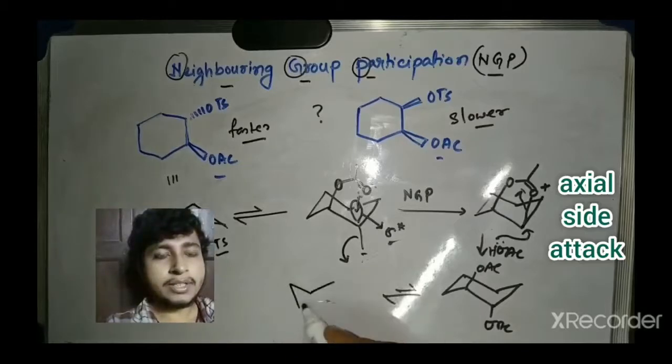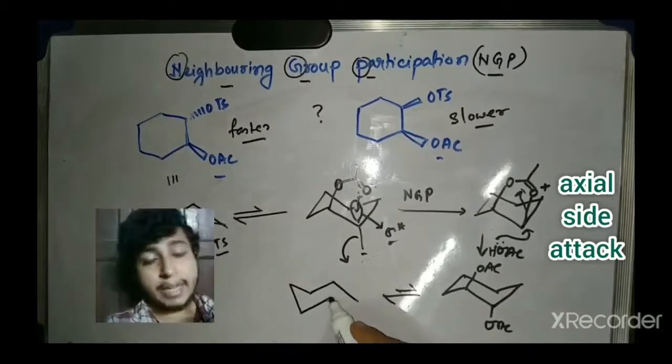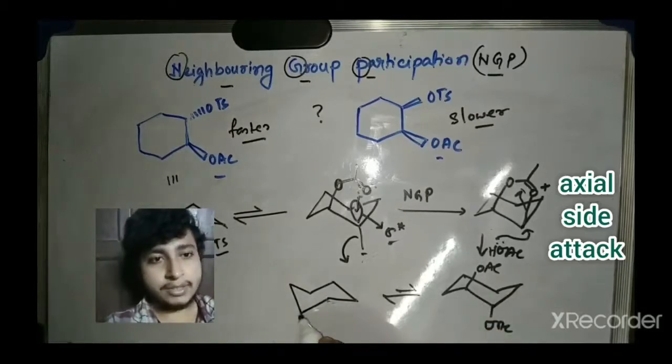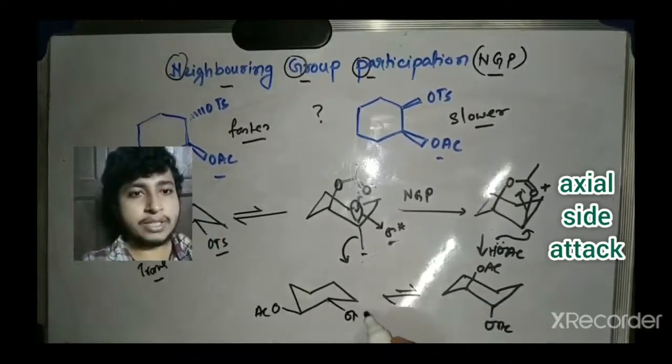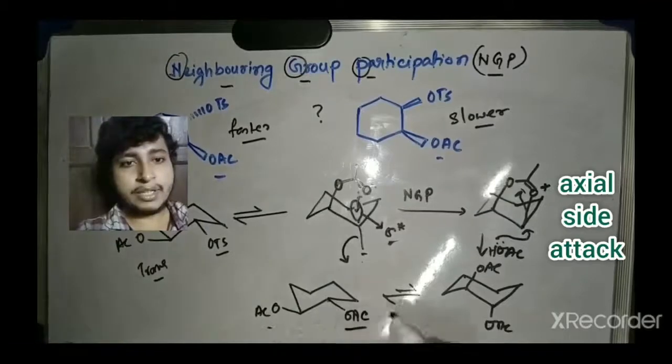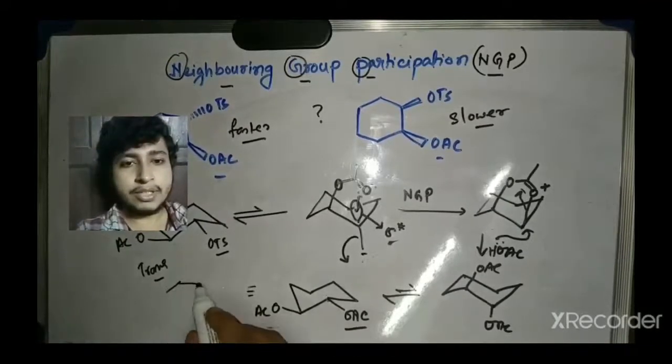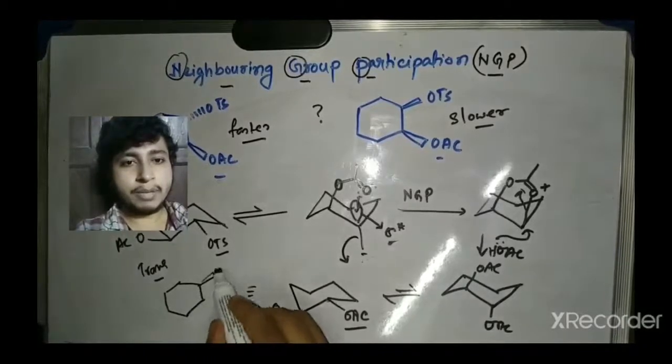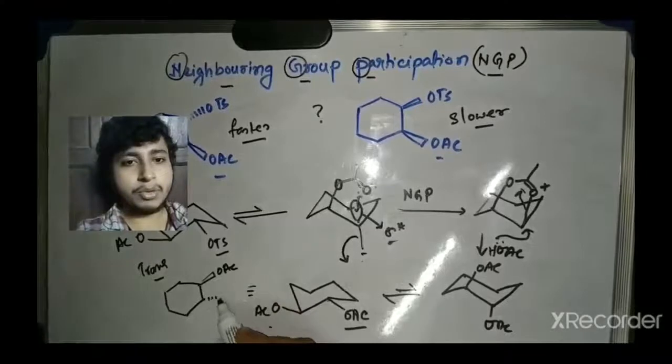So guys, this attack happened from the axial side. After ring flipping we can see that both will come in the equatorial position, and hence the geometry is equivalent with this. One will go above the plane and another will go below the plane.